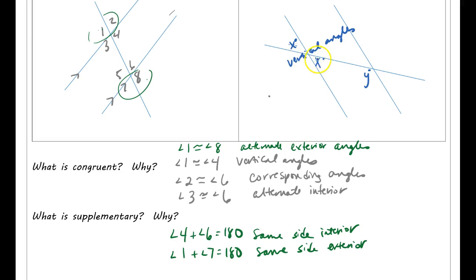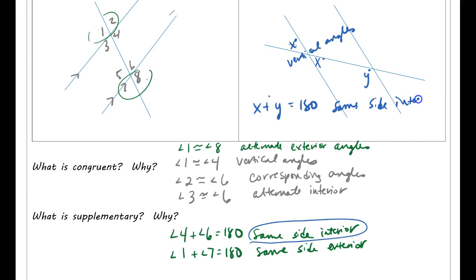And we're on the same side of the transversal. So if we're on the same side of the transversal and we're inside the picture, we are doing same side interior. And by the same side interior, x plus y equals 180. And that would be my justification. I would show the vertical angle thing and show that they're the same side interior. And so that's how you work your way around the picture.